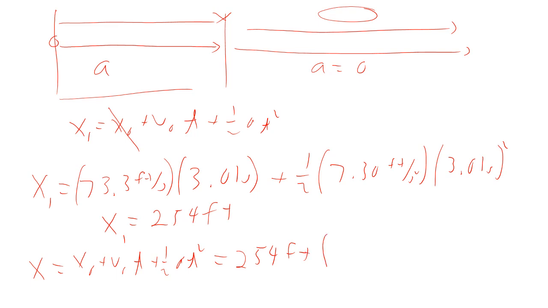It's now moving at 65 miles per hour. That's 95.3 feet per second, and it does this now for 3.5 seconds. And so that means the total distance is going to be 587 feet down the road.